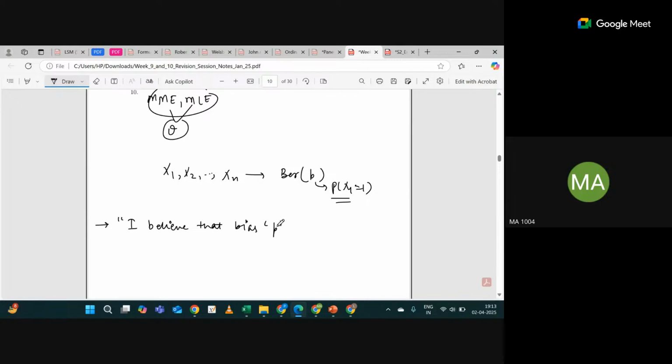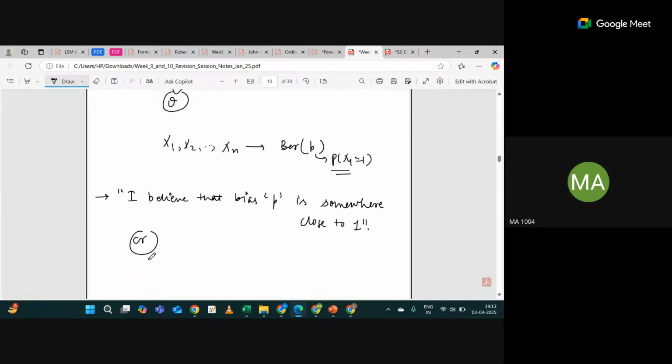You believe that this bias P is somewhere close to one. Just a belief, a belief system. From your experience, this is just an idea or a thought from your prior experience, or you can say just a belief, these are just different names.